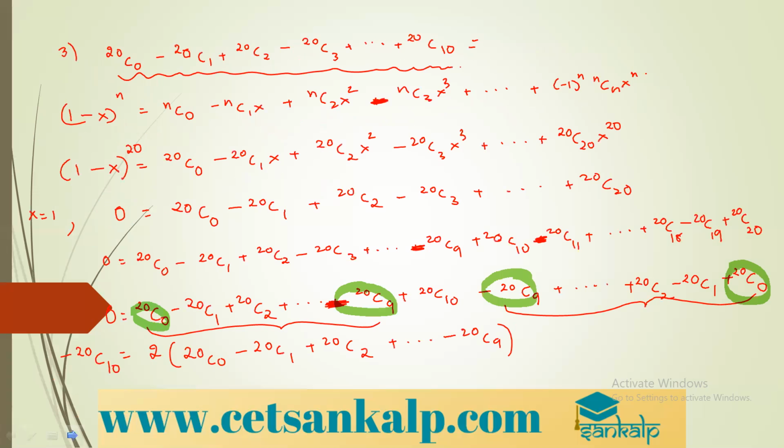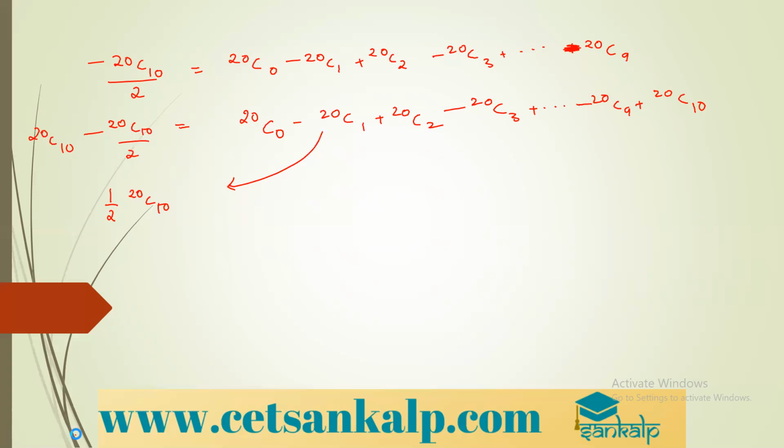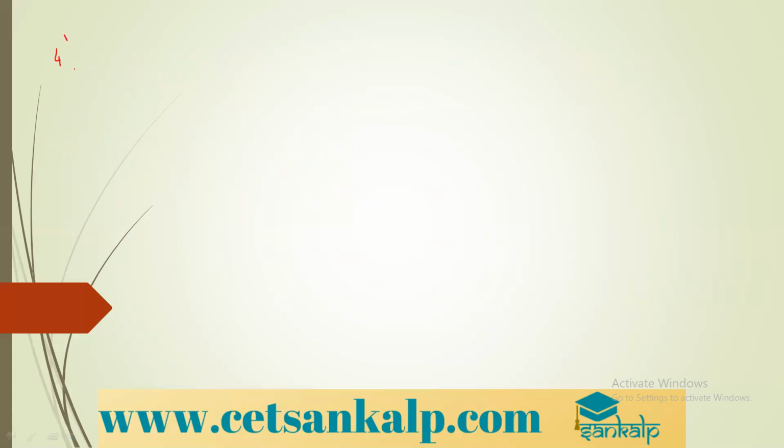Let's go to the next question, that is question number 4. We have to find the coefficient of x power 7 in 1 minus x minus x square plus x cube whole power 6. So first of all, I will take 1 minus x, I will pull out common minus x square.